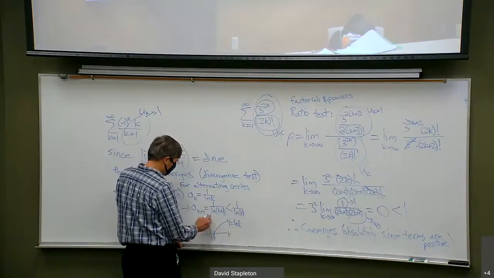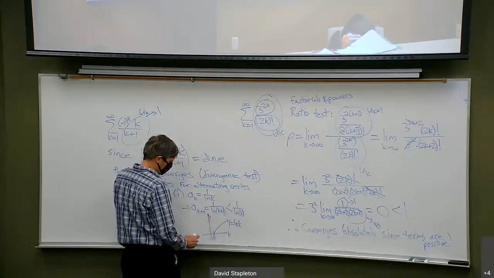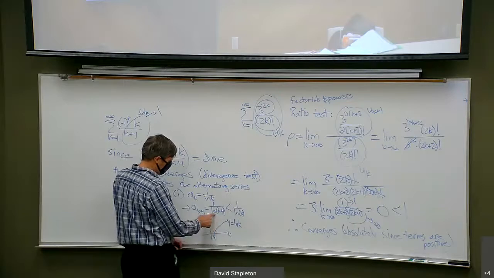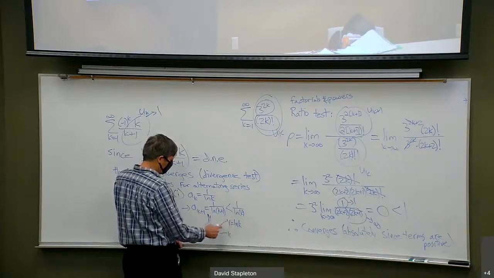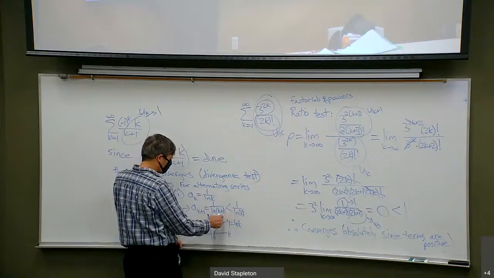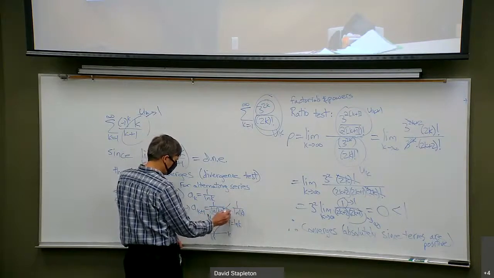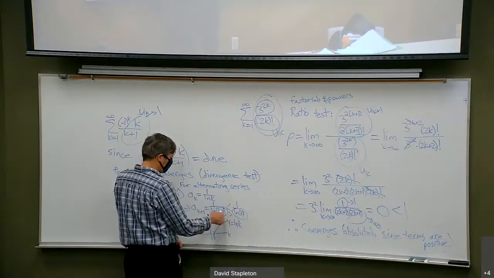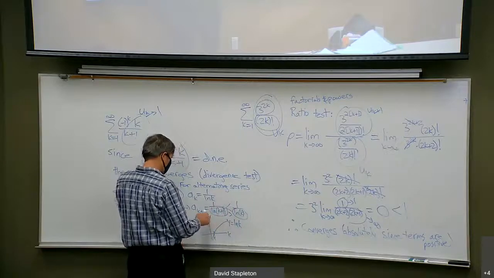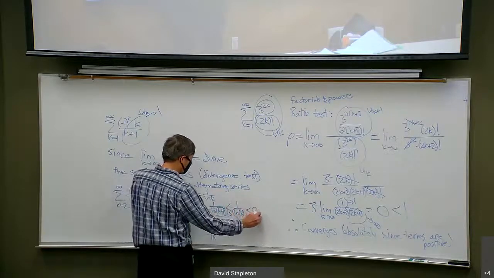Since the denominator is positive and increasing, ln(k+1) is bigger than ln k, right? This is the bigger of the two denominators. If the denominator is bigger for positive quotients, then the quotient is less, right? So this is less than that, which is a_k.